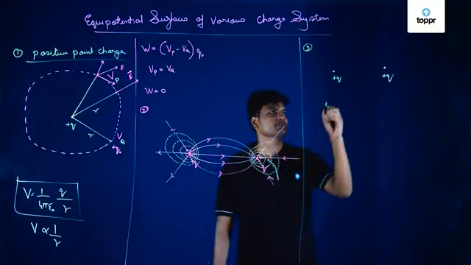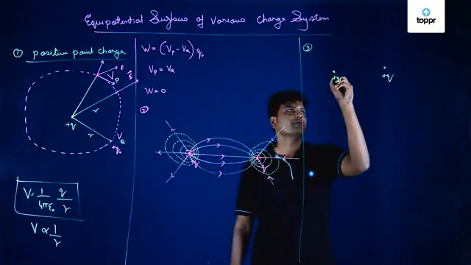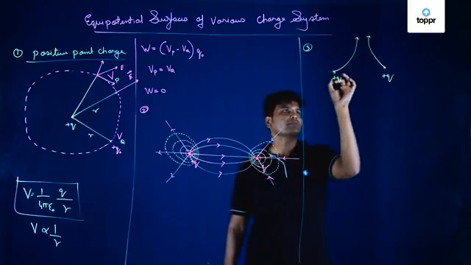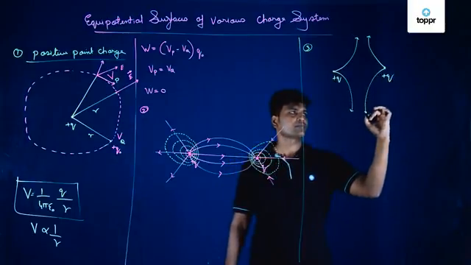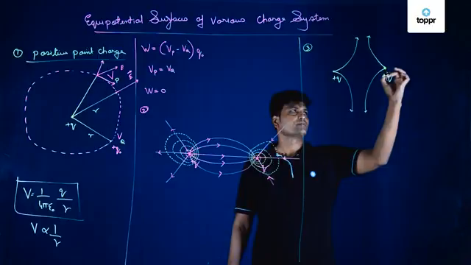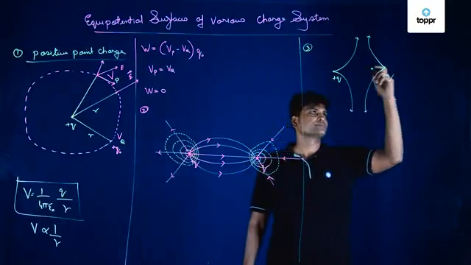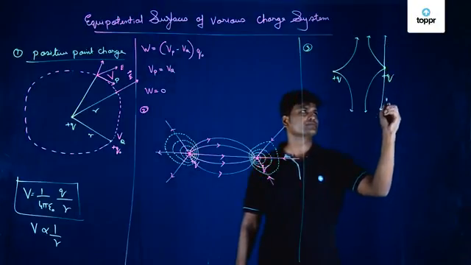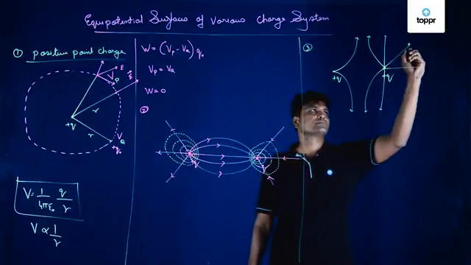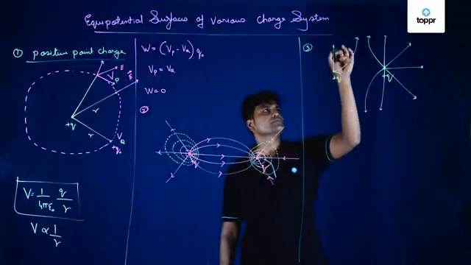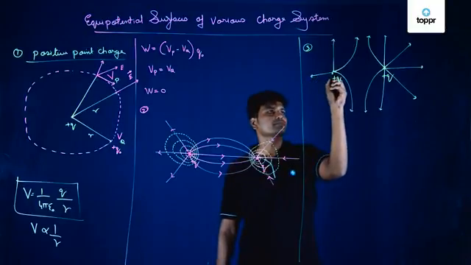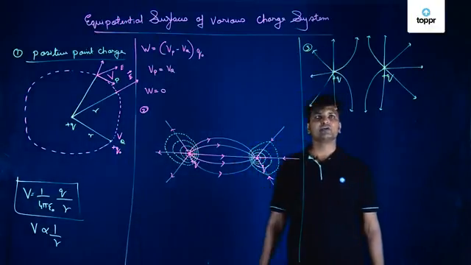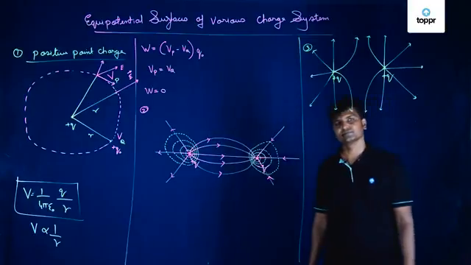How will the field lines be? The field lines will look something like this, right?